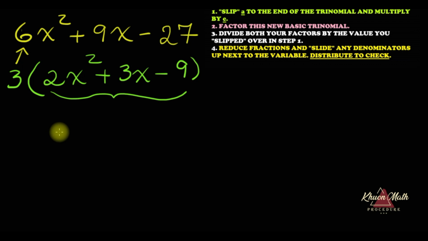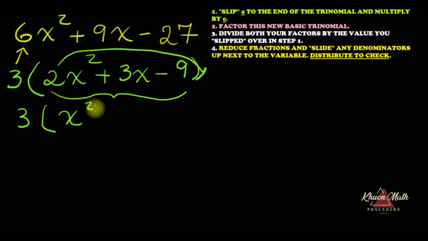All right, so step number 1 is to slip a to the end of the trinomial and multiply that by c. So we're going to move this to the end, and we're going to times it by c. So that's going to give us x squared plus 3x, take away, 2 times negative 9 is negative 18.